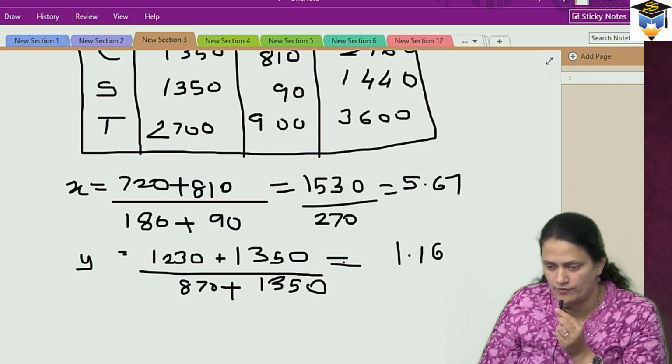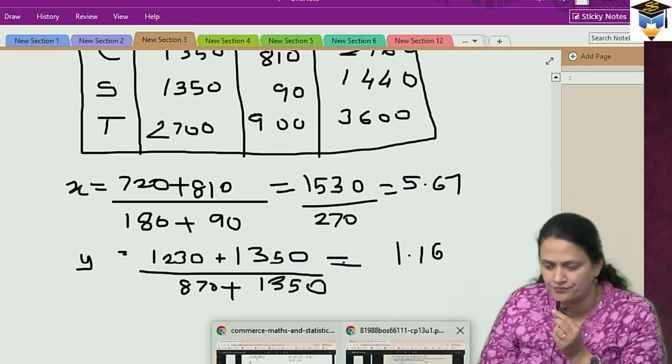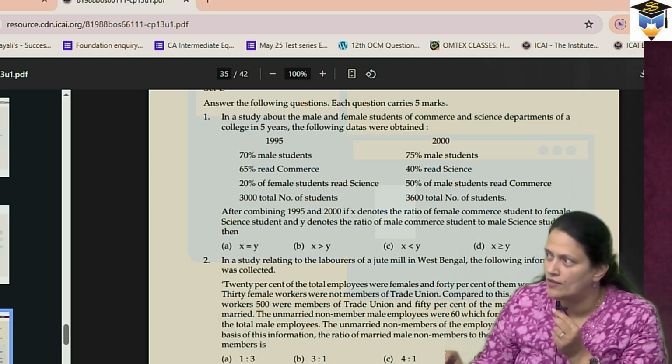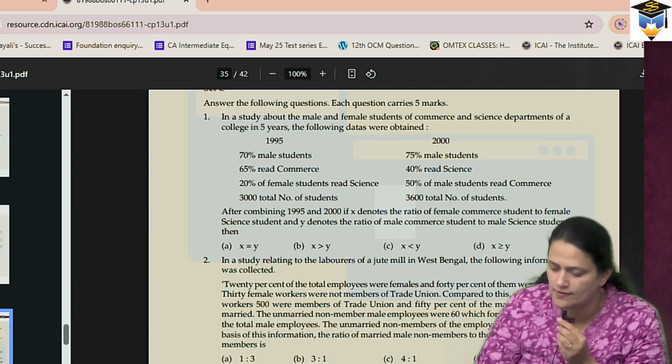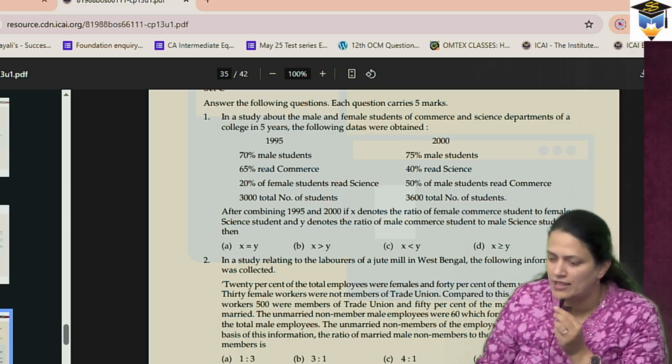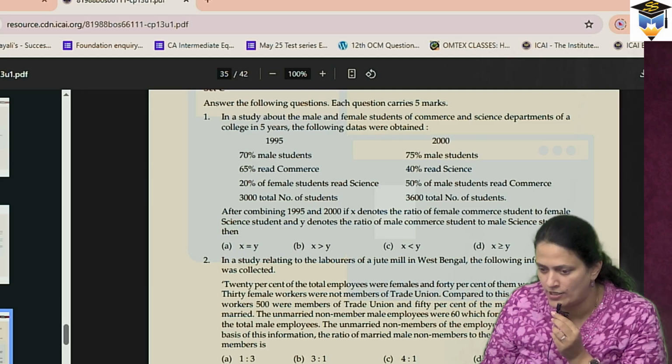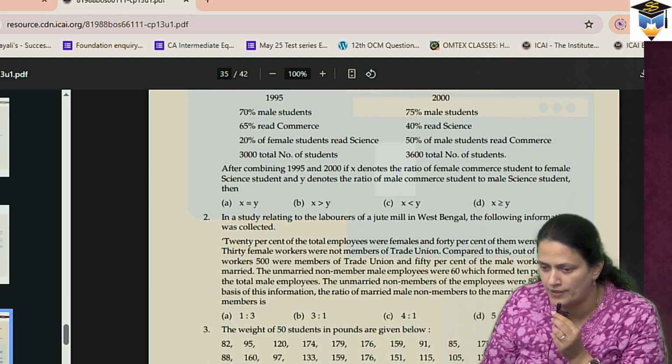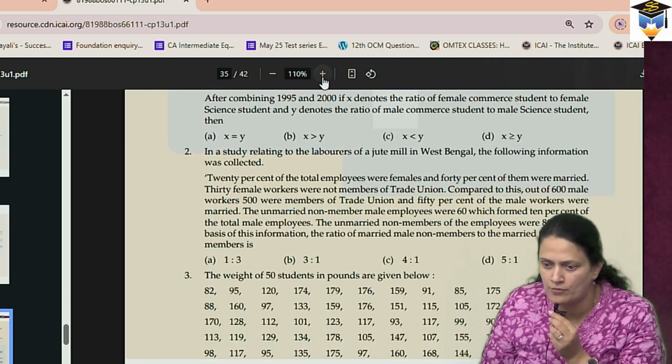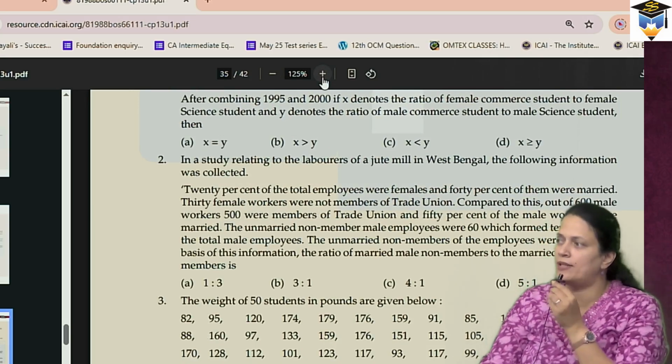Next question. Just a minute. The next question is, please go through question number 2 and tell me what is to be done. I hope question number 2 is visible. Please tell me what is given.